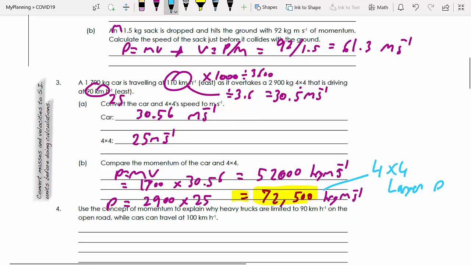Cool. It did say compare, and so you could go 72 minus 52 and say that it's 20,000 more momentum or whatever, but that's fine.